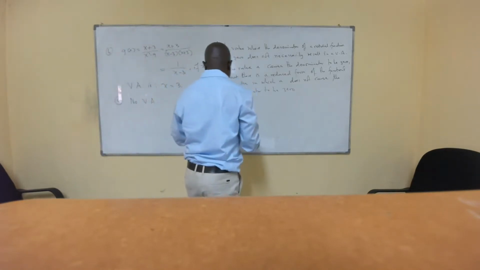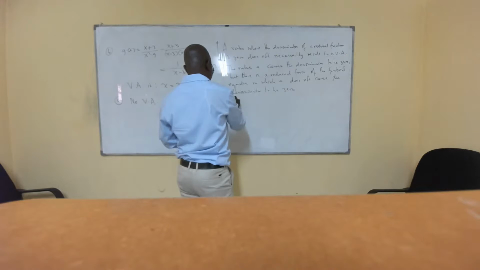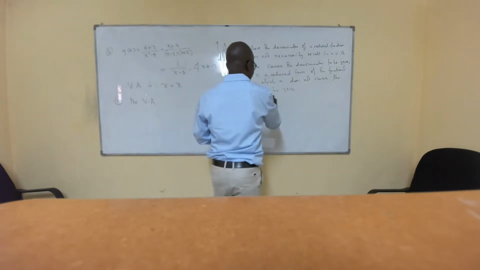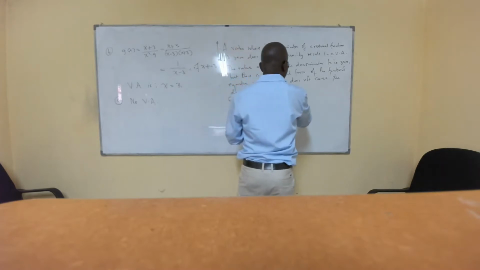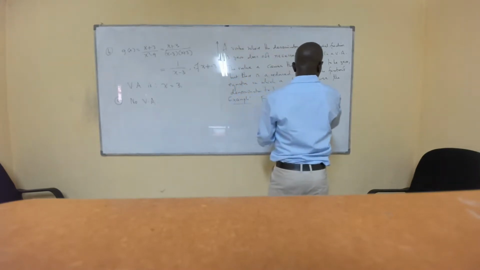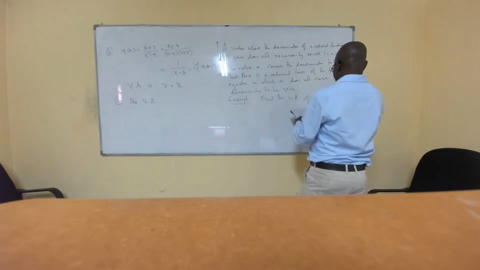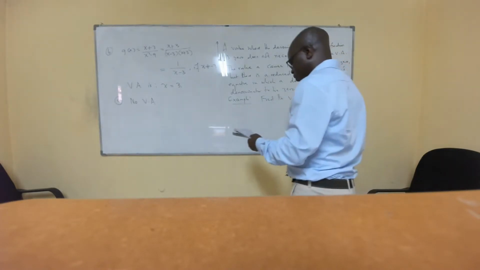Example: find the vertical asymptote of f of x equals x squared minus 4 over x minus 2.